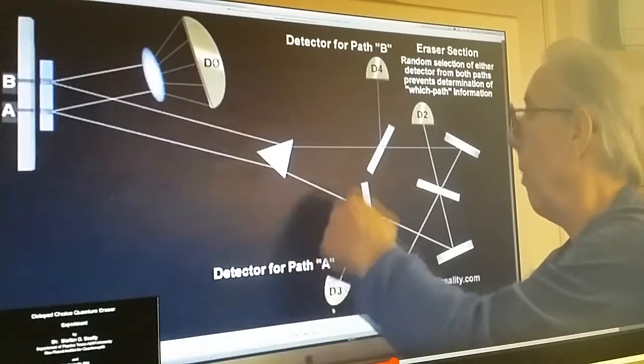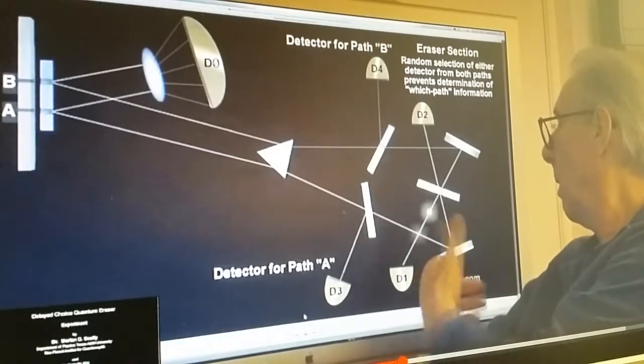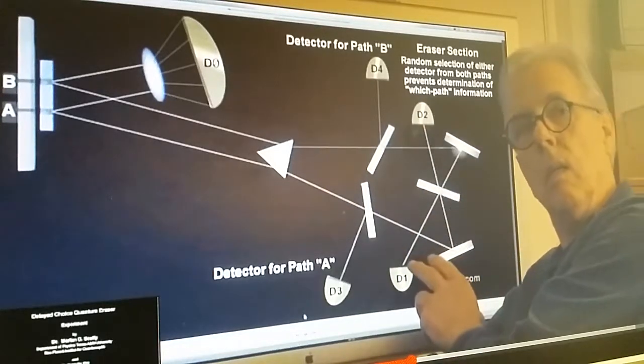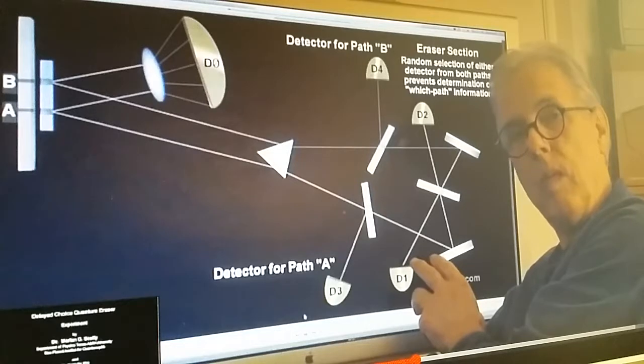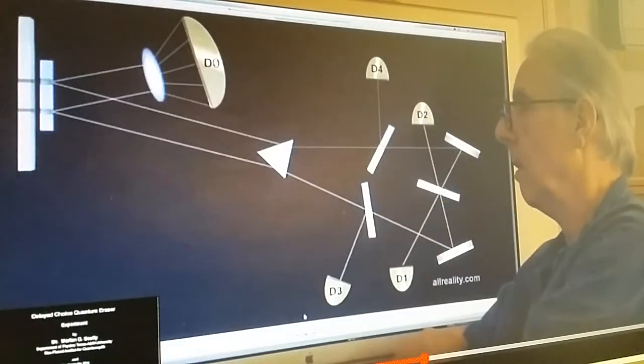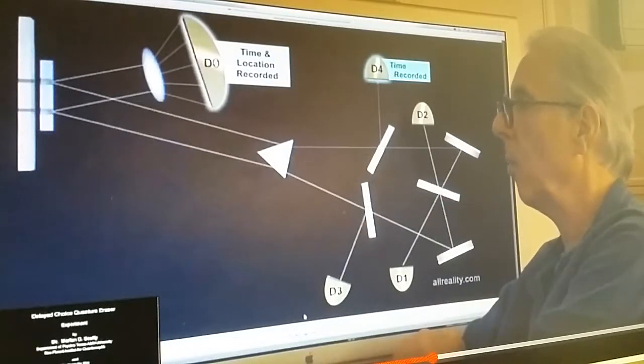Same thing for path A. So it's not erasing which path information, it's obfuscating it. It's not allowing you to know what the which path information was.